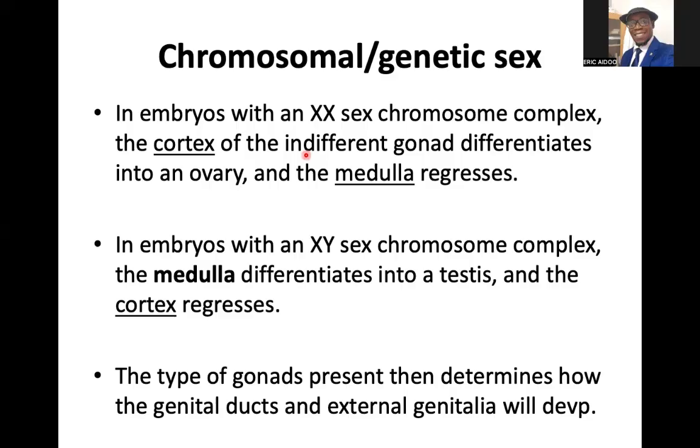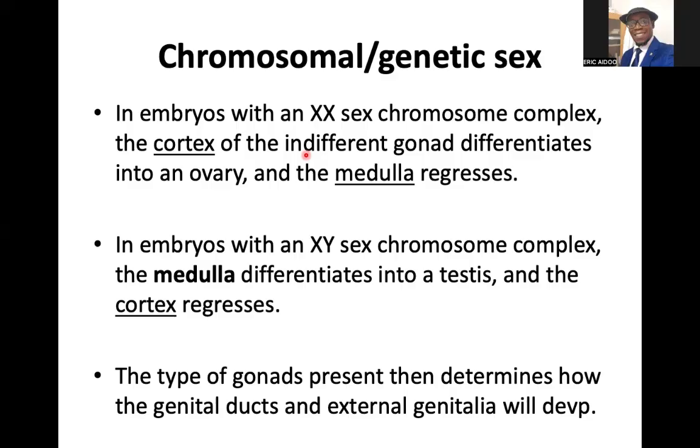Now, it's usually the presence or the absence of the Y chromosome that you use to determine the chromosomal sex, not barely the presence of the X. For instance, you can have XXY. So if you have XXY, is it going to be a male genetic sex or a female genetic sex?